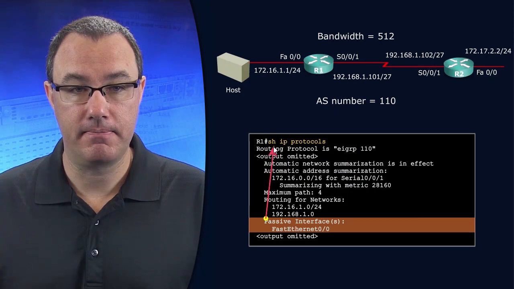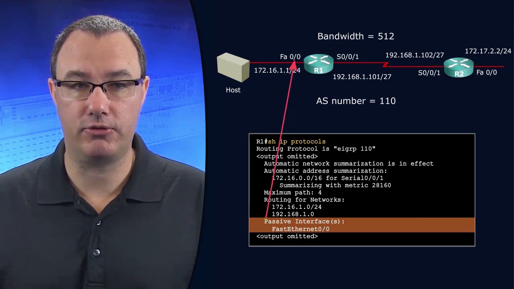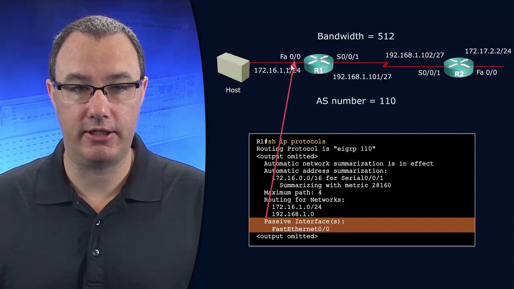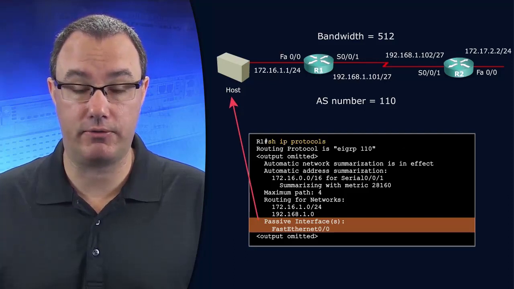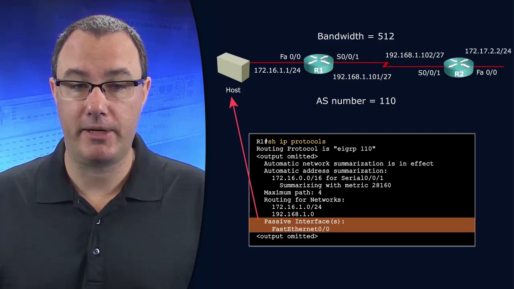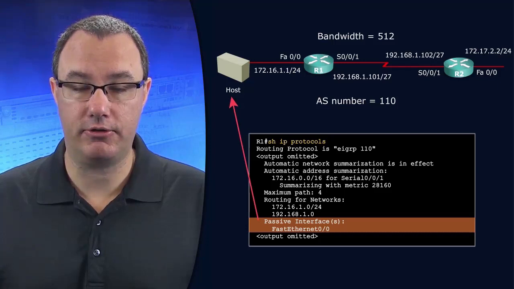And here I can see passive interface has been set up on Fast Ethernet 0/0, and we can also see that we have a host there. We have a host on that LAN. So yeah, if that's all we would expect, or a collection of hosts, a collection of servers, using the passive interface option is a good one for us.